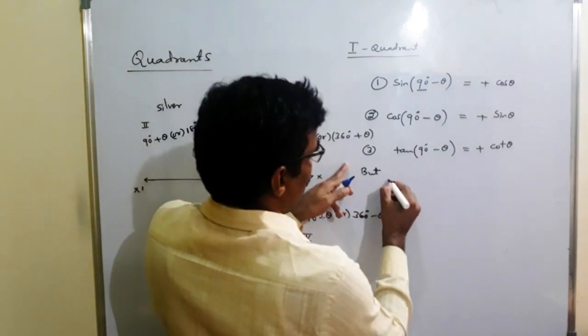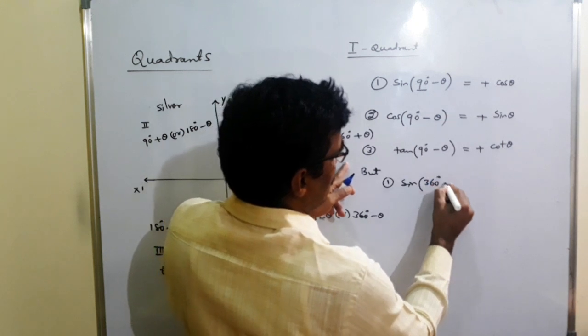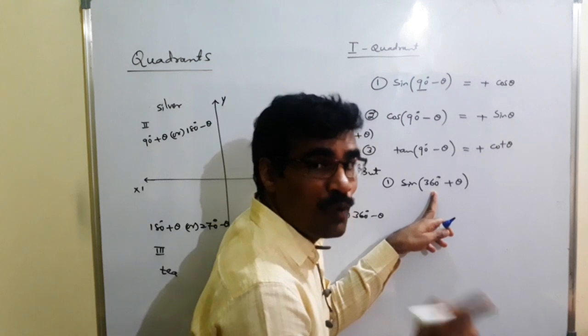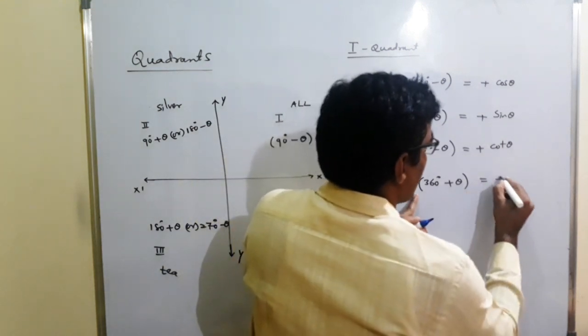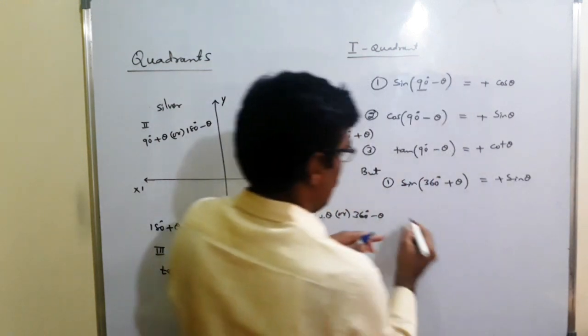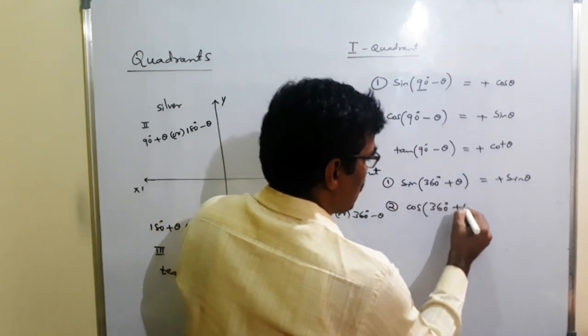So number one, sine of 360 degrees plus theta. Here 360 or 180, sine stays sine. It is the first quadrant, surely positive. That's why sine theta. Second one is cos of 360 degrees plus theta.